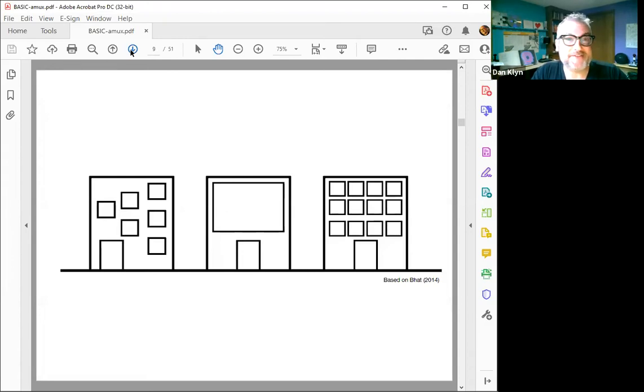I'm certainly not the first to observe, hopefully won't be the last, that buildings are something that we read.